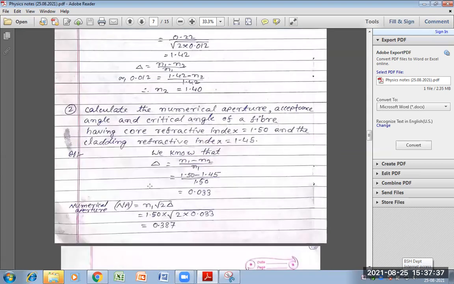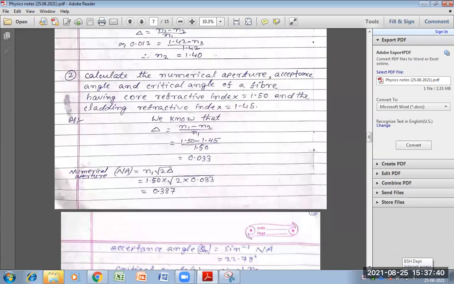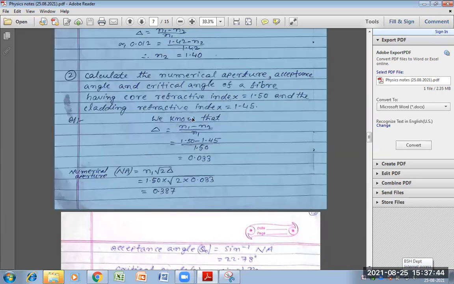सेकंड क्वेश्चन में रिफ्रैक्टिव इंडेक्स चेंज का वो फॉर्मूला हम यूज करेंगे। यहाँ क्या आ जाएगा? डेल्टा इज इक्वल टू N1 माइनस N2 डिवाइडेड बाई N1। N1 का दिया हुआ वैल्यू कोर का रिफ्रैक्टिव इंडेक्स 1.50 माइनस क्लेडिंग का रिफ्रैक्टिव इंडेक्स कितना है? 1.45, I have written here, divided by N1.